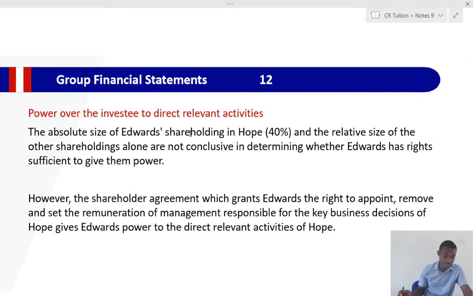The absolute size of Edward's shareholding, which is 40%, in itself does not indicate control. The absolute size of Edward's shareholding in Hope and the relative size of the other shareholdings alone are not conclusive in determining whether Edward has rights sufficient to give him power.